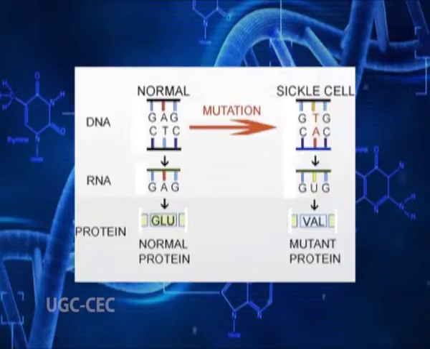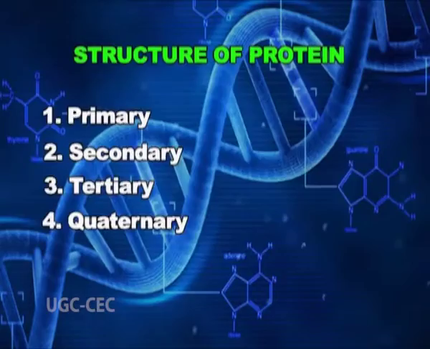The single substitution of a glutamic acid, that is GLU residue, present in the normal hemoglobin with that of a valine VAL amino acid residue alters the property of the protein to the extent that the longevity of the person having sickle cell disease is significantly affected.